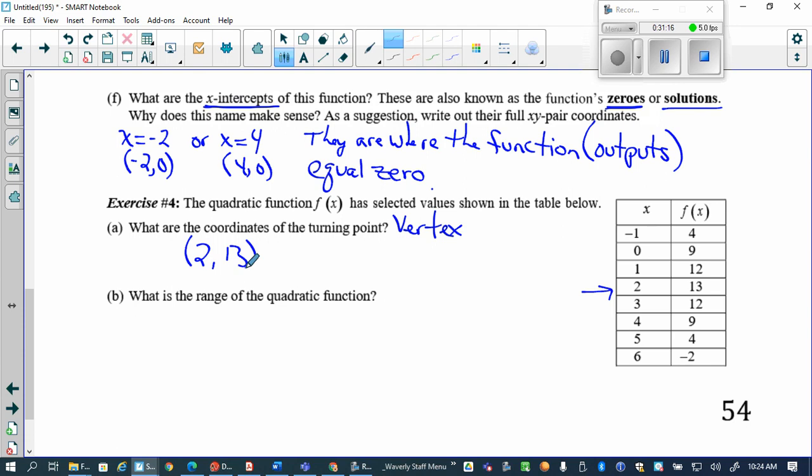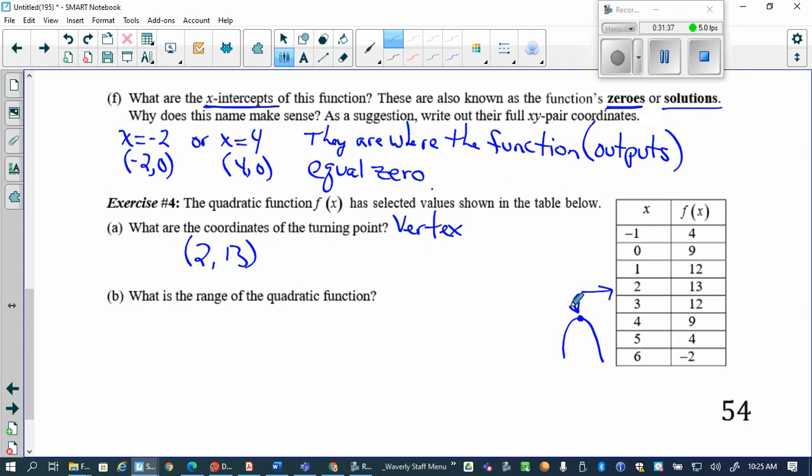If this is the turning point, this thing looks like that, and now it's facing down.